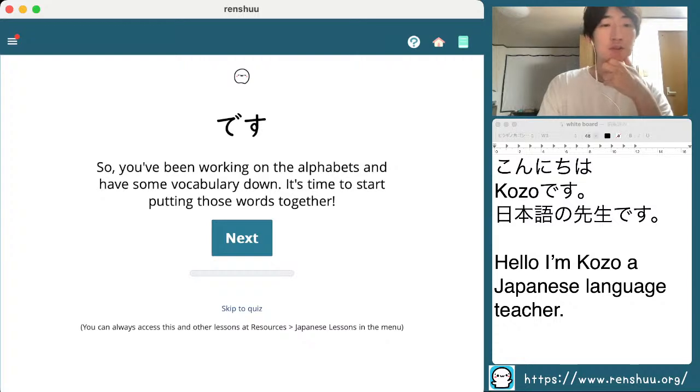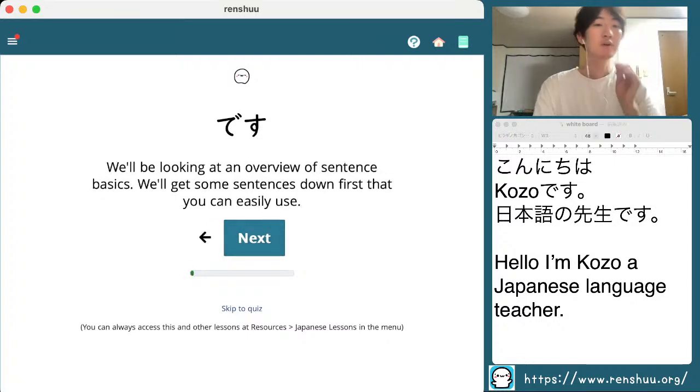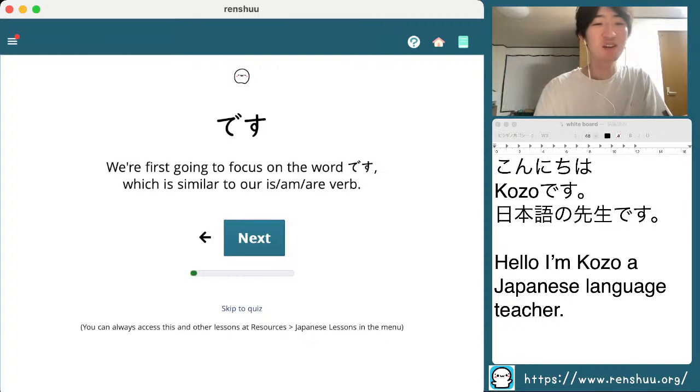It's time to start putting those words together. We'll be looking at an overview of sentence basics. We'll get some sentences down first that you can easily use. We're first going to focus on the word desu, which is similar to our is, are verb.